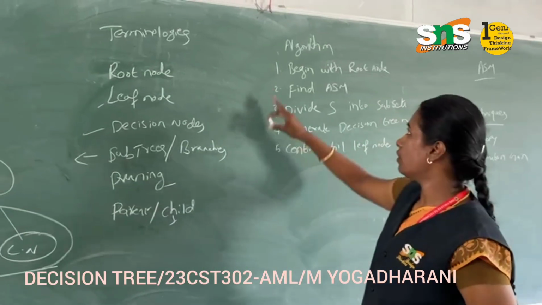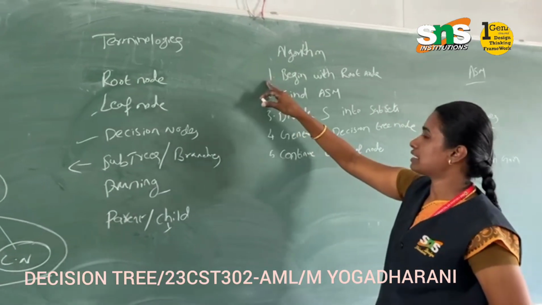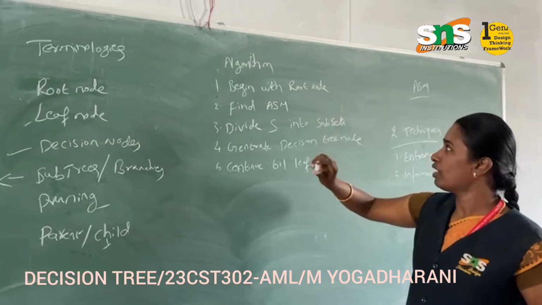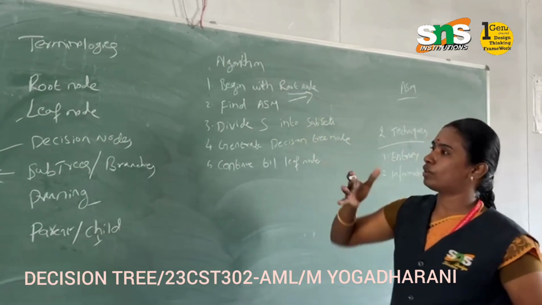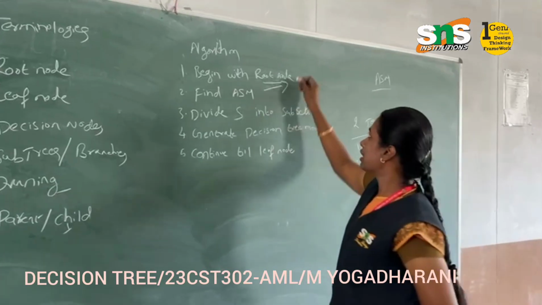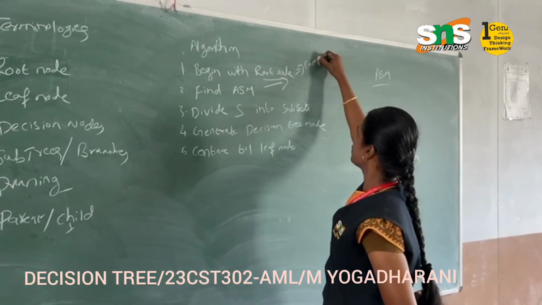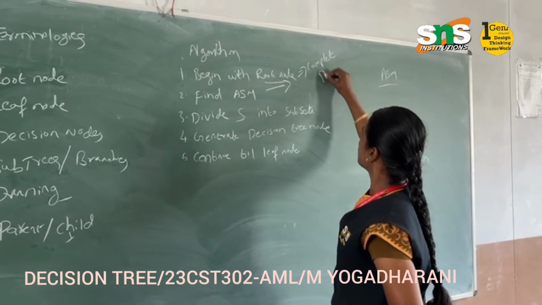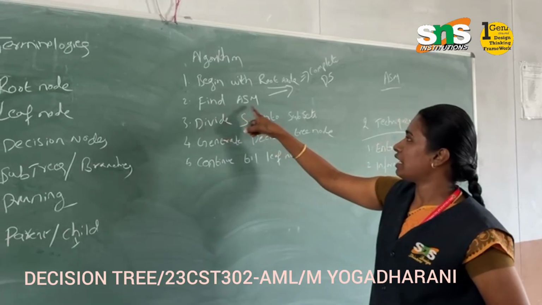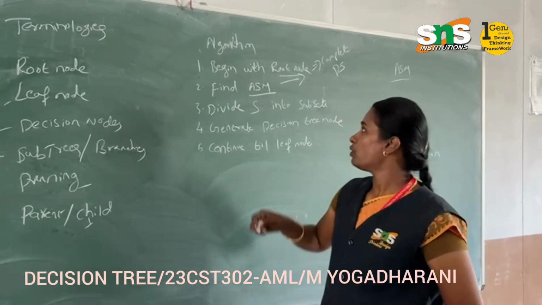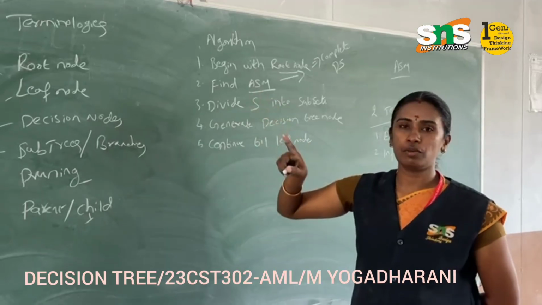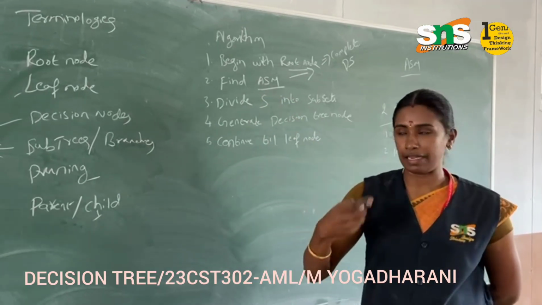Move on to the algorithm of decision tree. The first step is we begin with the root node, and this root node contains all the possible features in a complete data set. Next, find the best attribute using ASM. ASM stands for attribute selection method, which is a technique I will discuss later.